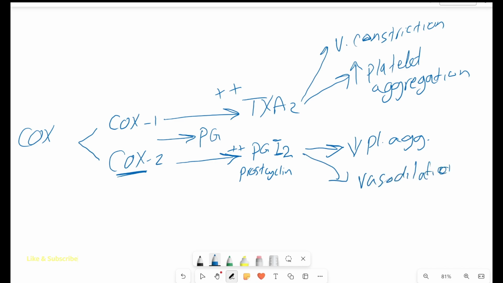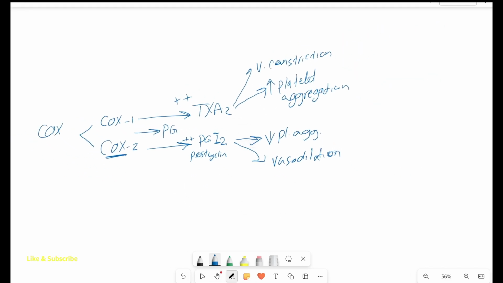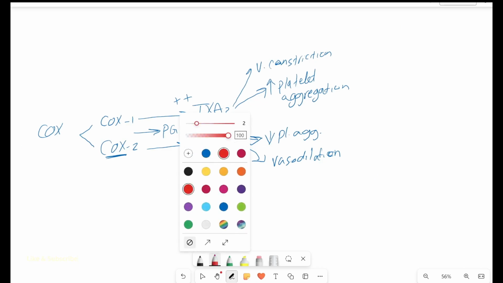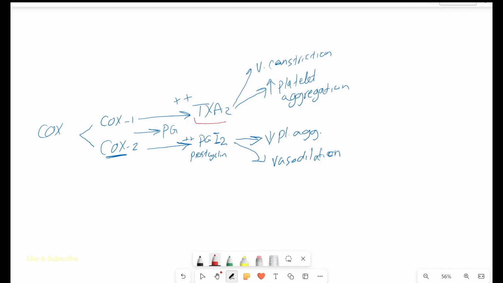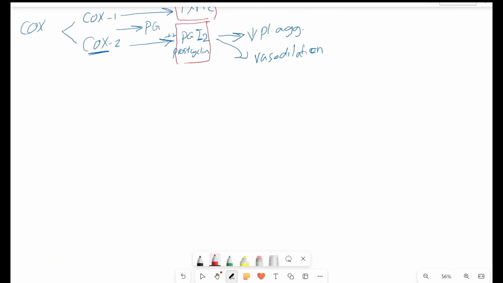Now we can understand what happened here. If you look, we have opposite effects between thromboxane A2 and prostacyclin I2. So now we can imagine this scale, and this is COX, and now we have COX-1 and COX-2.